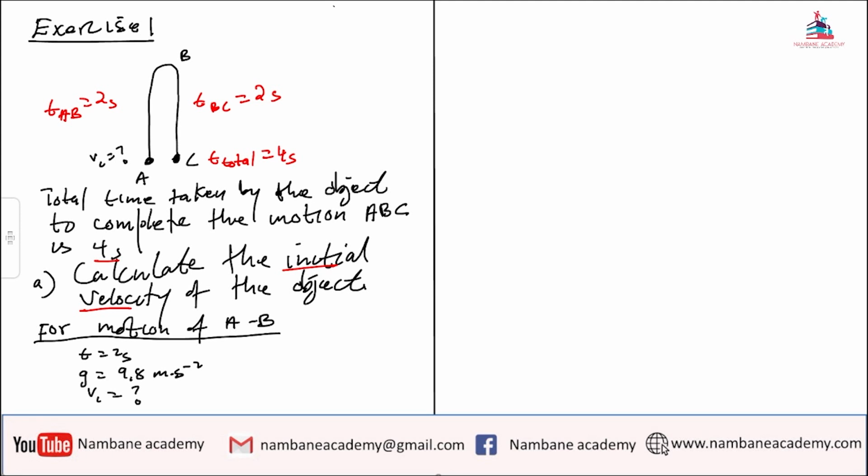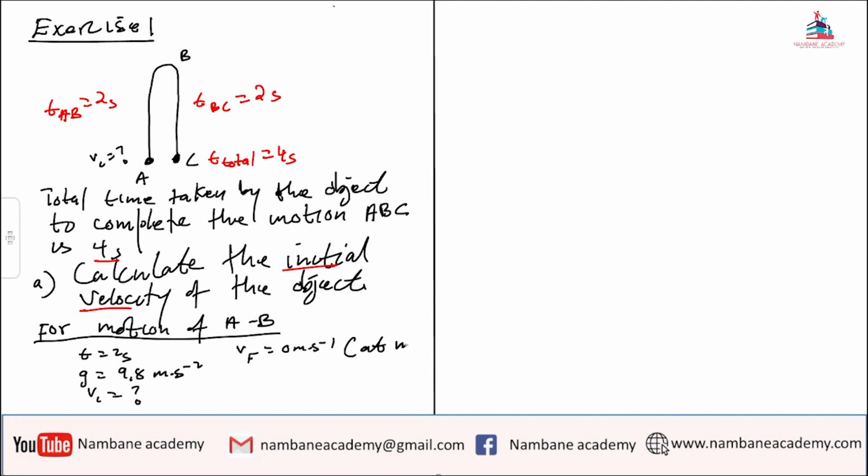how many variables do we need? 3. I already have 2. Where is the other one, Moteo? It's the final velocity, which is 0 meters per second. Why, ladies and gentlemen?